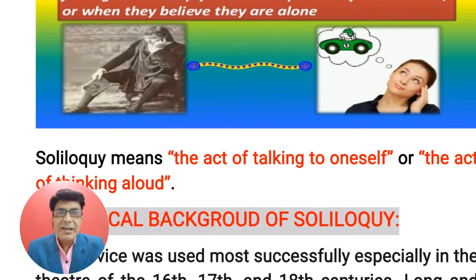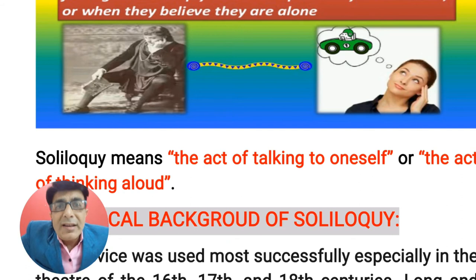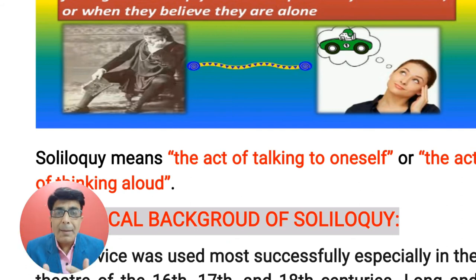Let me give you the definition of soliloquy. The definition is that soliloquy means the act of talking to oneself, or the act of thinking aloud. When the characters are on the stage, we watch them perform some actions, but we don't know what thoughts are going on in the mind of the characters.